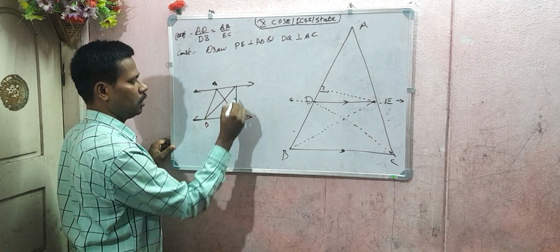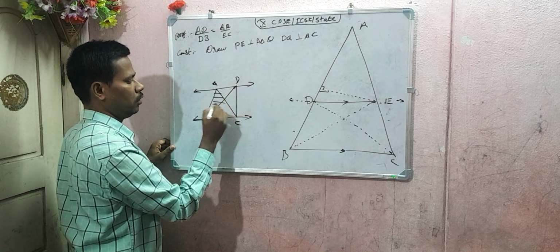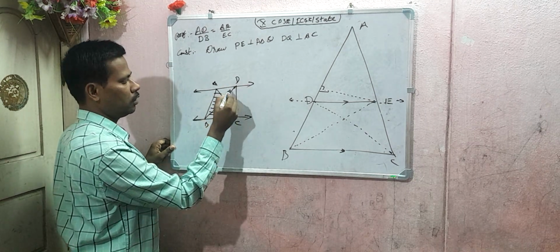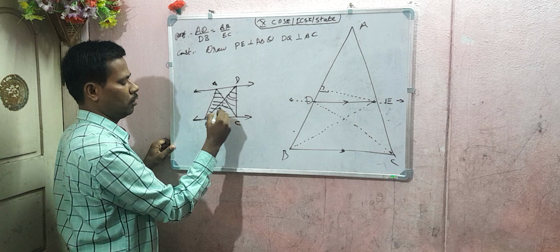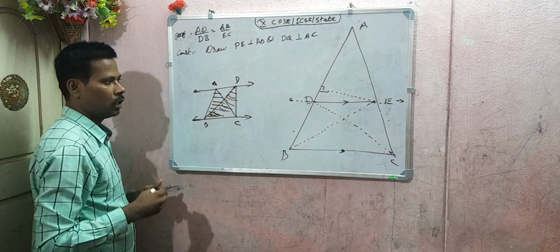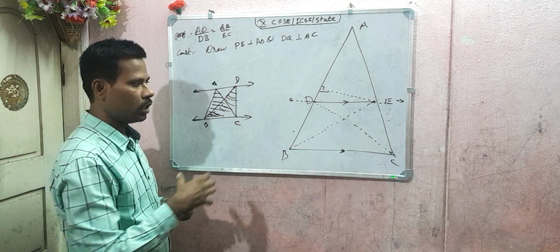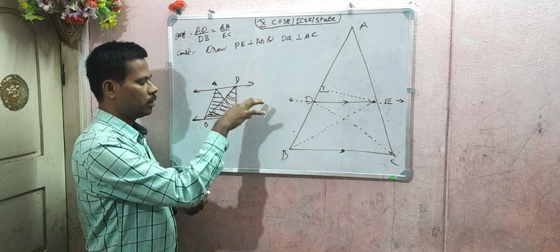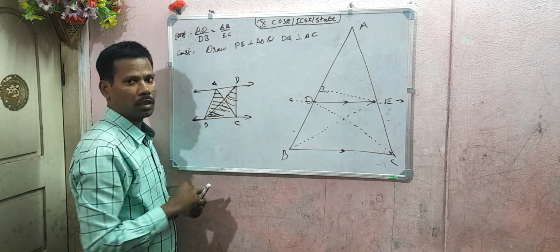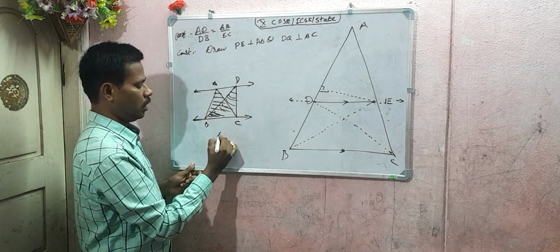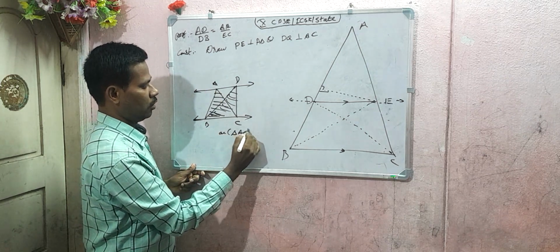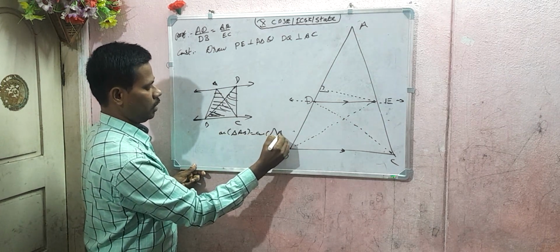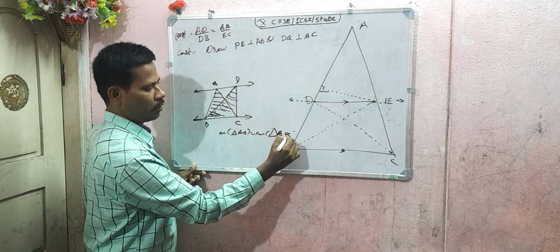This is the triangle ABC and this is the triangle DBC. If two triangles lie on the same base BC and between the same parallels, their areas are equal. That means the area of triangle ABC is equal to the area of triangle DBC.